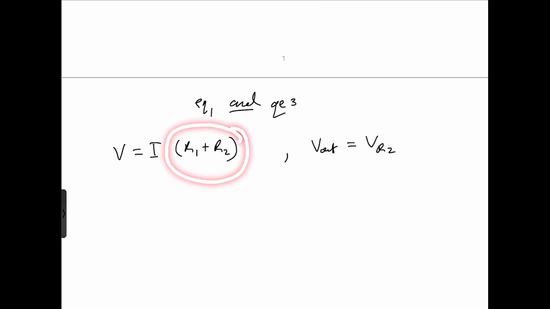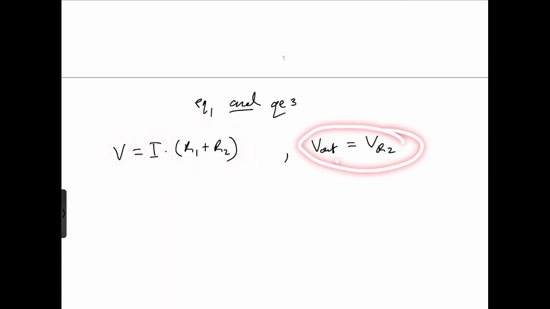So the voltage source is equal to the input current times the total resistance seen by the source, and the voltage across resistor 2 is equal to V out.